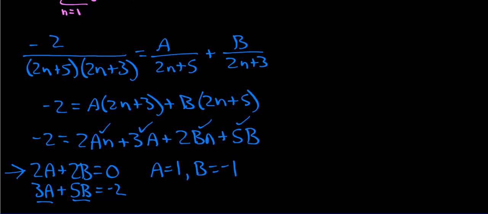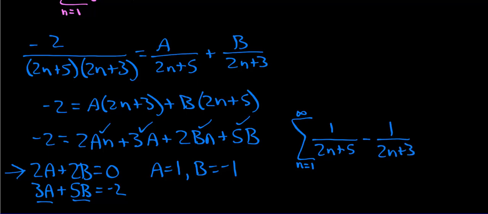So this works: a is 1 and b is negative 1. Our sum is the sum from n equals 1 to infinity of 1 over 2n plus 5 minus 1 over 2n plus 3.